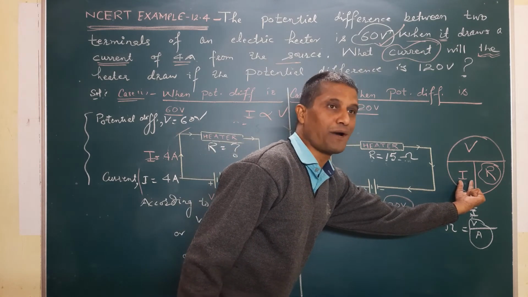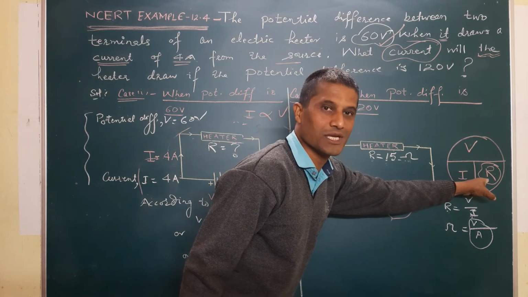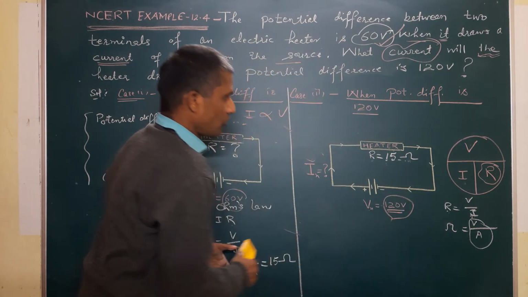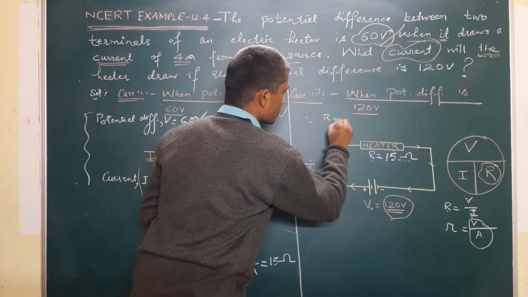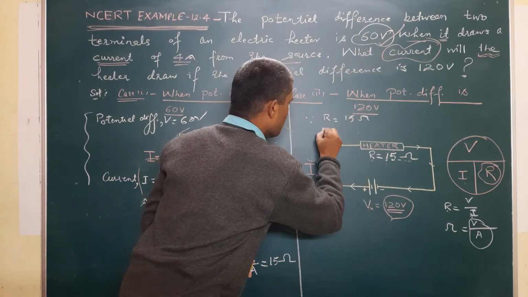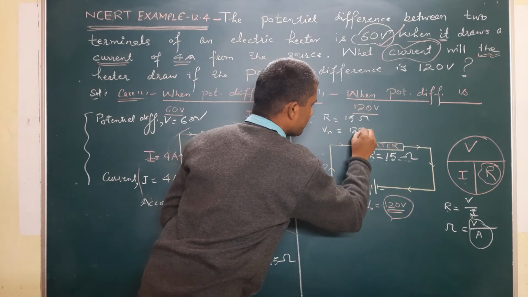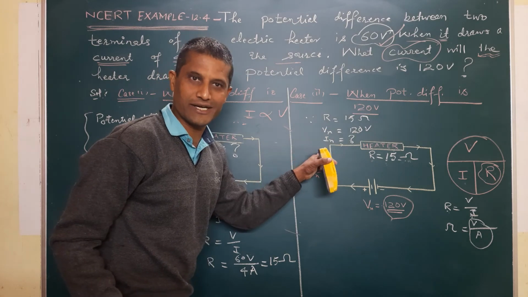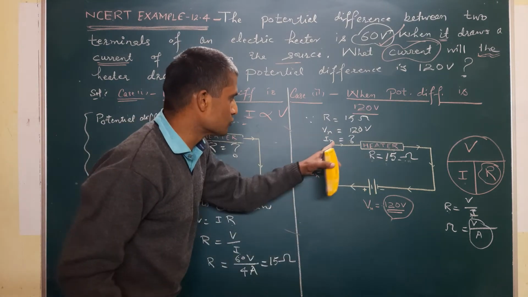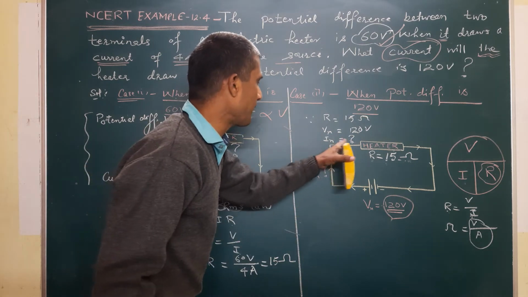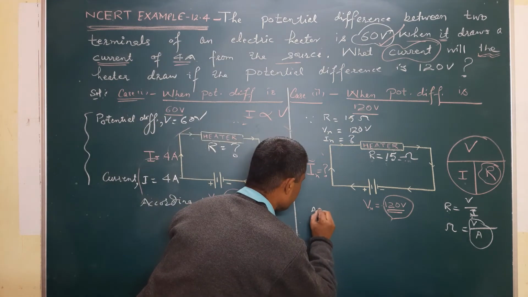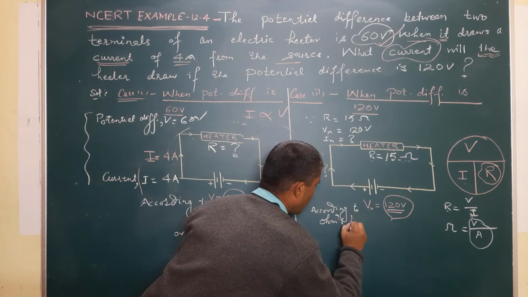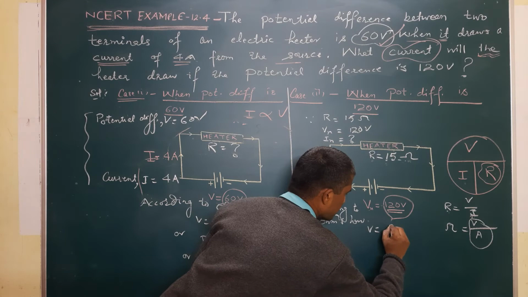Now we are in a position to find out I. It is directly V upon R. So here we are going to write that since the resistance of the heater is 15 Ohm, the new potential difference is equal to 120 volt, and we want the new current IN. According to Ohm's law, V is equal to IR.